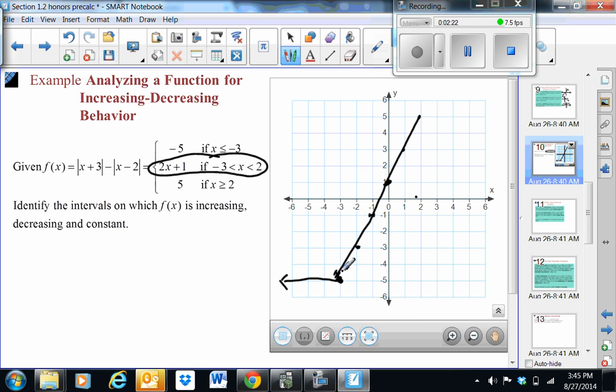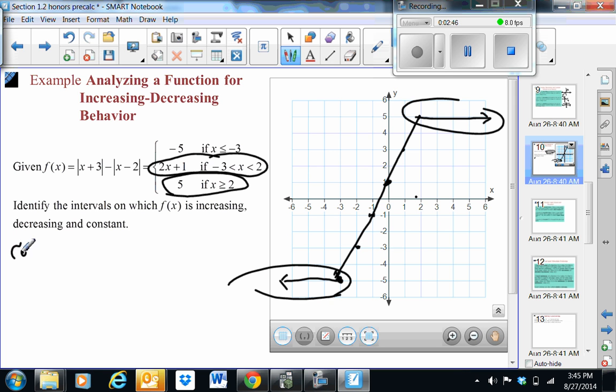Pretend that looks good. And then the final piece of this function is going to be that f of x equals 5 if x is greater than or equal to 2. And so identify the intervals on which f of x is increasing, decreasing, and constant. Well, I have two intervals where it's constant, and that's right here and right here.